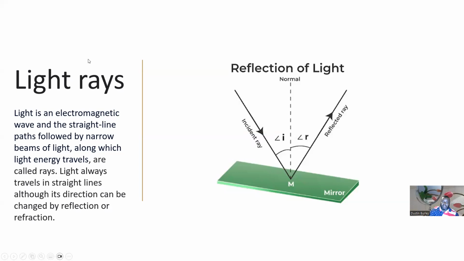So, reflection of light rays. The reflection you see in a mirror depends on how the surface reflects light. To show how the light reflects, you can represent light waves as straight lines called rays. Most of the time, light does go in a straight line.